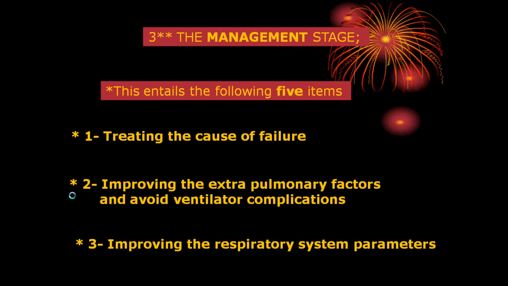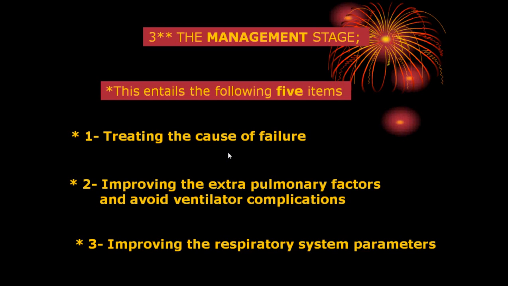In the management stage, after the stabilization and adjustment, I have to take a brush and then do my investigations and see what the problems are for these patients and what the causes of respiratory failure are. So we have to treat the cause of respiratory failure: bronchospasm, pneumonia, pulmonary embolism, neuromuscular problems, or thoracic cage derangement like a flail chest.